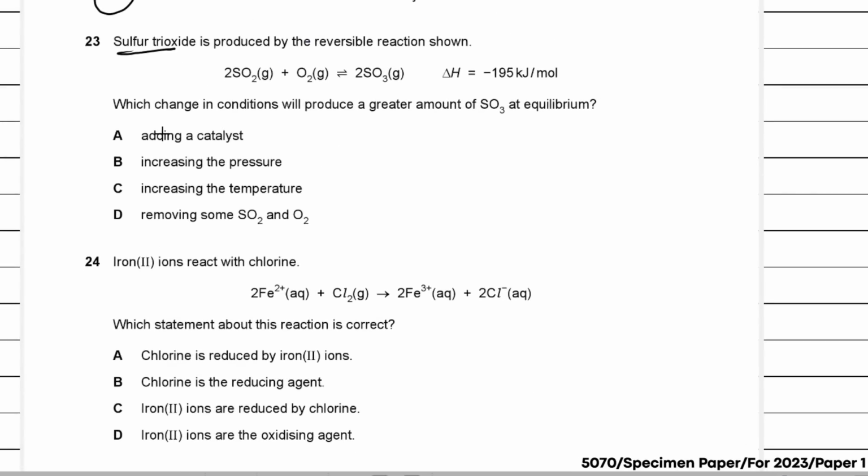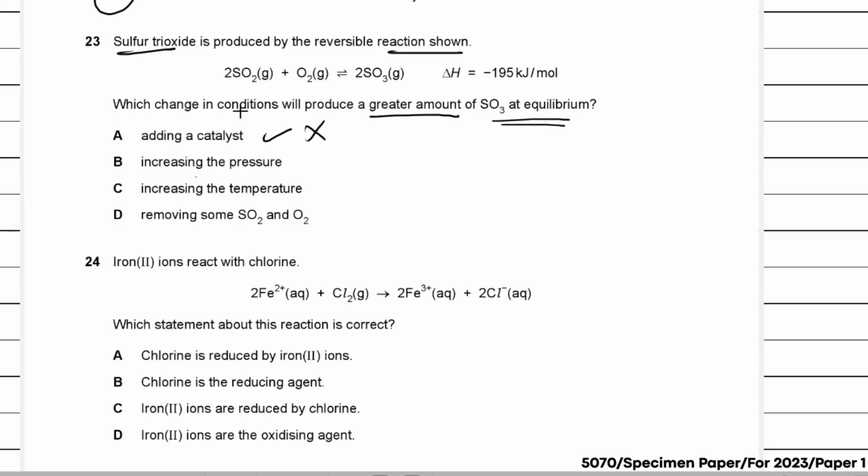The next question says sulfur trioxide is produced by the reversible reaction shown. Which change in condition will produce a greater amount of sulfur trioxide at equilibrium? Adding a catalyst will not change the concentration, because obviously it'll just lower the activation energy.